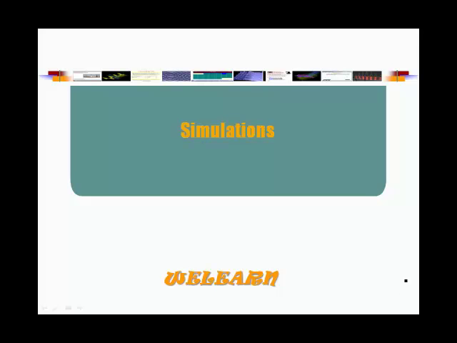In electronics, simulations play an important role. As we will learn throughout the course, most of the components that we use and we buy have tolerances. For example, we buy a resistor that has a 5% or 10% tolerance. Same thing with capacitors.